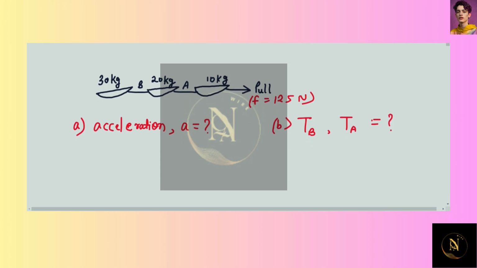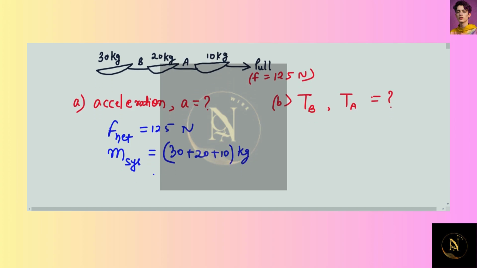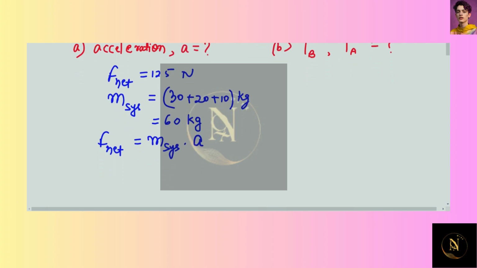So acceleration can be easily computed. Here we will just consider the net force. The net force is 125 newtons, and the total mass of the system is 30 plus 20 plus 10 kg, which comes out to be 60 kg. We use Newton's second law of motion: net force equals mass times acceleration.